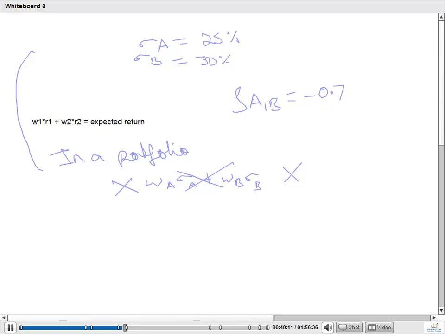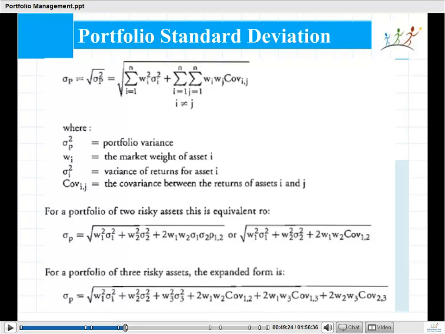To compute the risk of a portfolio, we need to take the covariance or correlation between the assets into account. So the risk of a two-asset portfolio can be computed as W1 square sigma 1 square plus W2 square sigma 2 square plus 2 W1 W2 covariance of 1, 2.